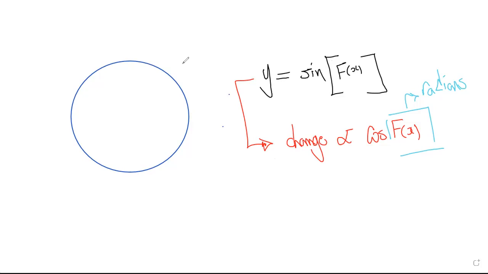However, what is a radian? As we talked about last class, we talked about how to move from degrees to radians. But what is a radian actually?